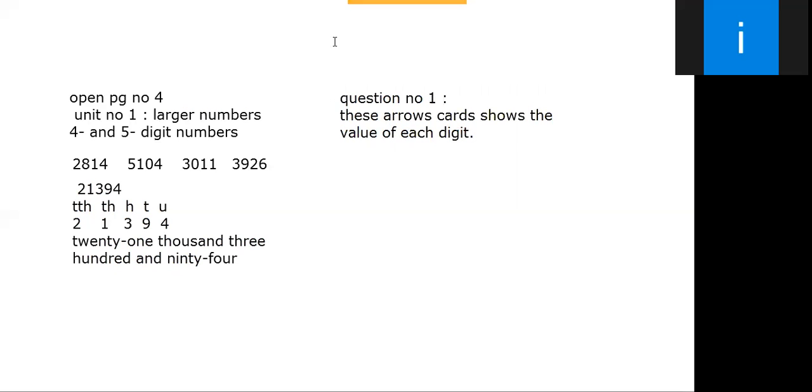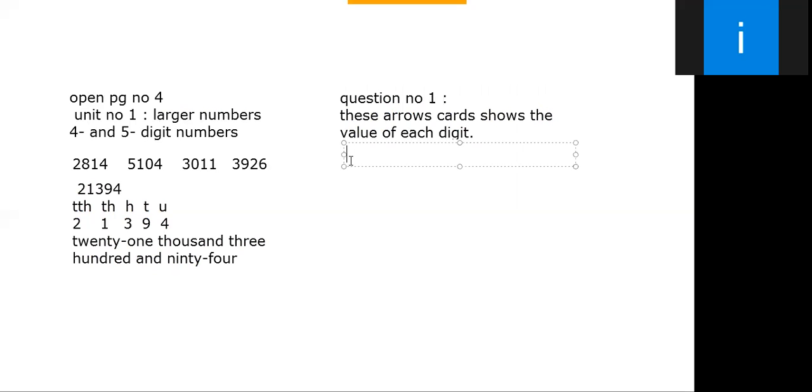Now I'm going to write our question. The first one, you can see, in 10,000 how many zeros do we have? In 10,000 we have 4 zeros, and in 1,000 how many zeros do we have? We have 3 zeros.